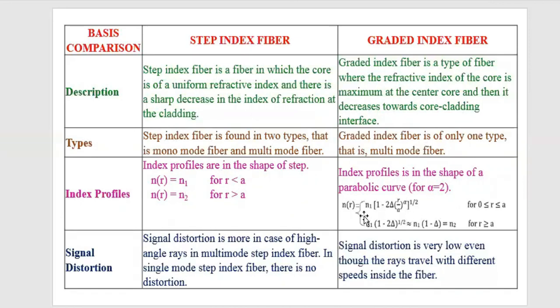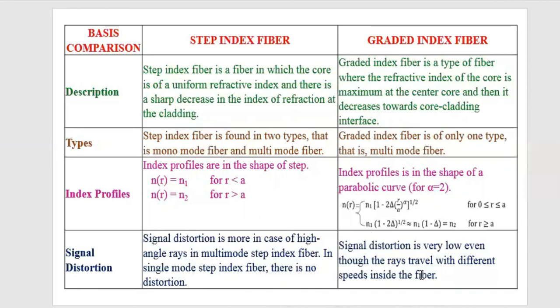But in graded index fiber, in the core material the refractive index varies as N1 into square root of 1 minus 2 delta (R by A) power alpha, whereas in the cladding material it is N2. Regarding signal distortion, in step index single mode transmission there is no signal distortion. But in multimode transmission a high signal distortion is observed, and that distortion is decreased in graded index fiber.